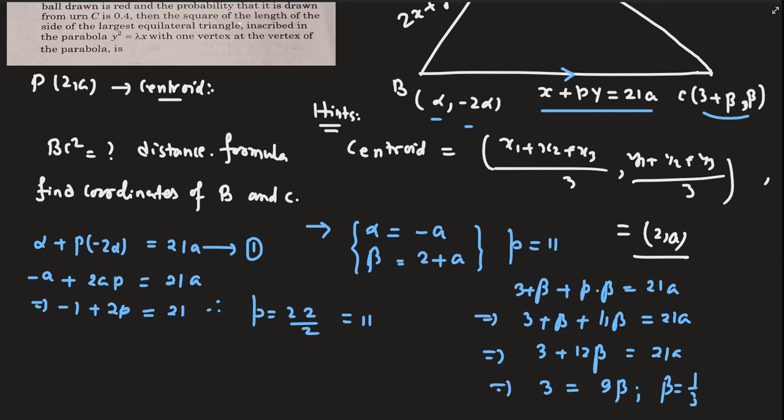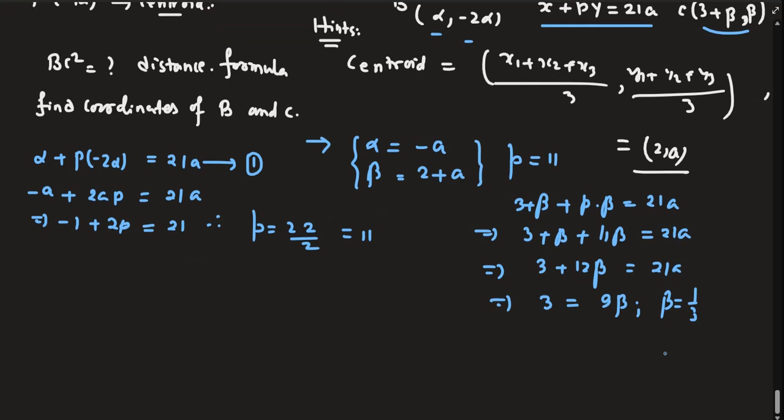But here a is given, not beta. Slightly mistake is there. Wait. 12 beta is given. So now you can do one thing. You can find 3 plus 12 beta is equal to 21a. 3 plus 12 times beta value 2 plus a, which is equal to 21a.